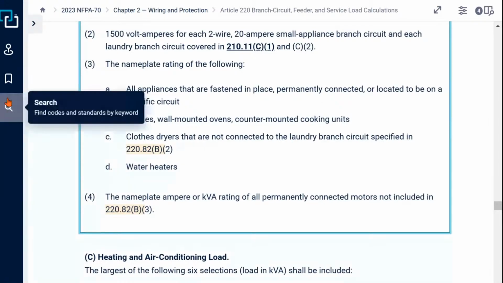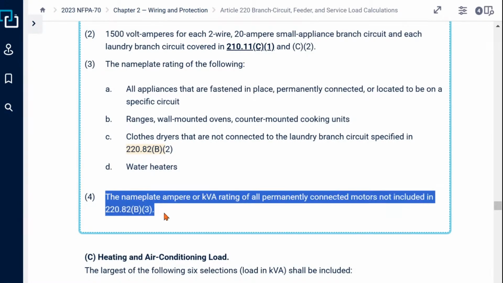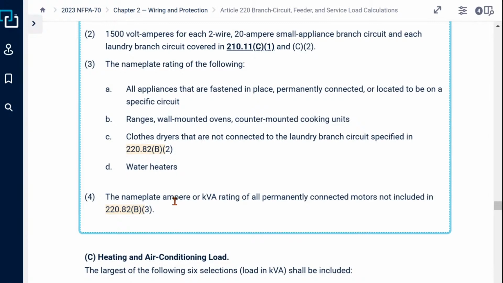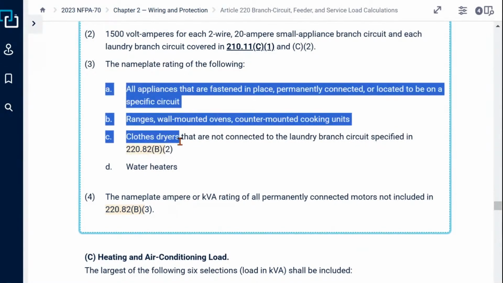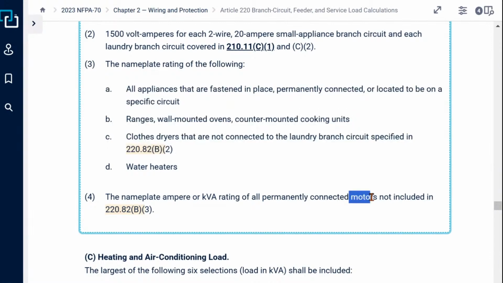Then you have this one right here. It says, for example, the nameplate ampere or kW rating of all permanently connected motors not included in this. We did include ours, but any of them that would not be in this list but does have a permanently connected motor, you need to make sure you just add to this list that we're going to apply demands to.